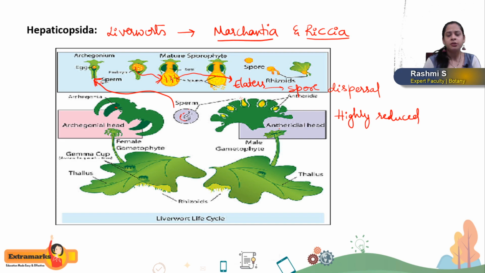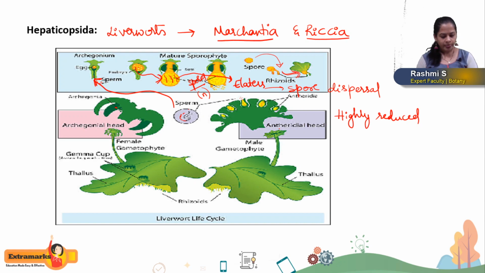Now in the spore mother cells, meiosis occurs, which helps in the formation of spores. These spores are haploid. Upon germination, the spore directly gives rise to the gametophytic plant body in case of Hepaticopsida, or liverworts.